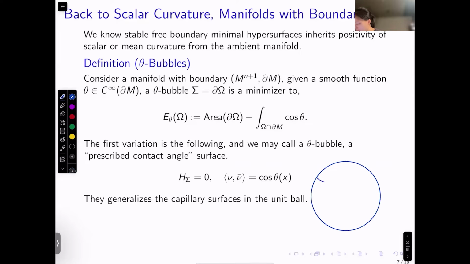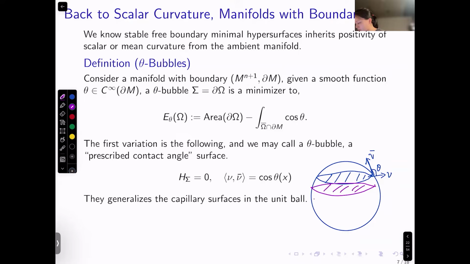In the ball, I have this disk, and it has an outward pointing unit normal. The boundary of the disk lies inside the boundary of the ball and also has a unit normal that lies inside the boundary. The angle between these two has to be the one you prescribed when you minimize this energy.